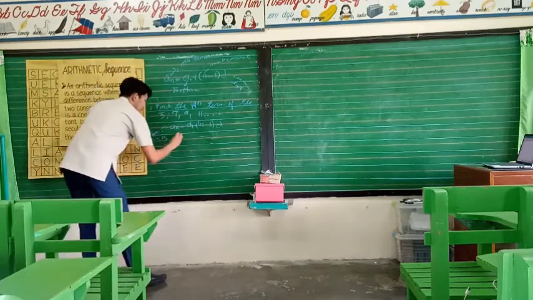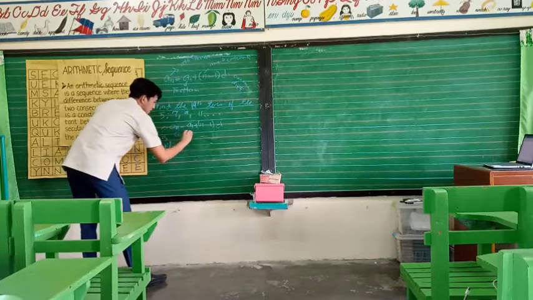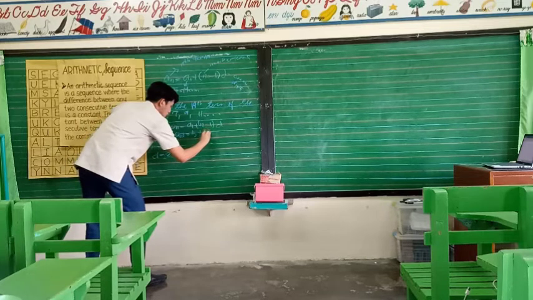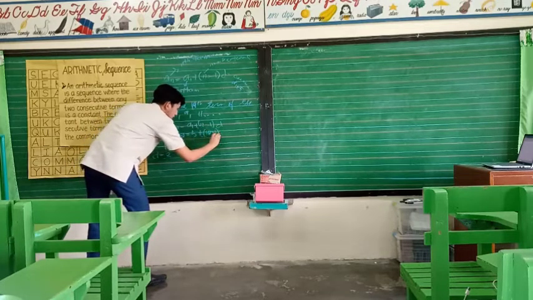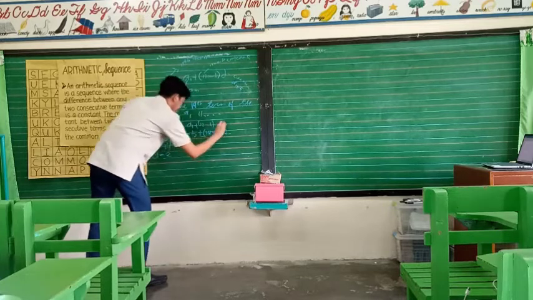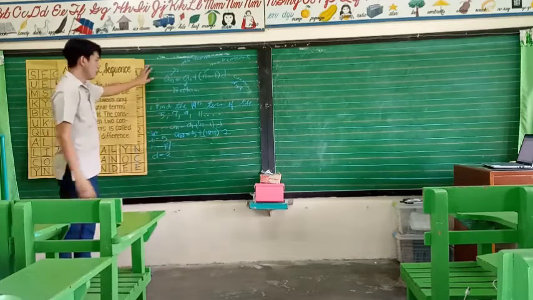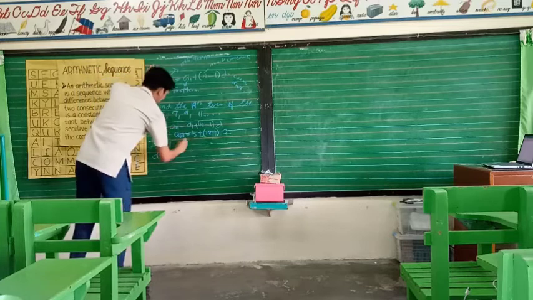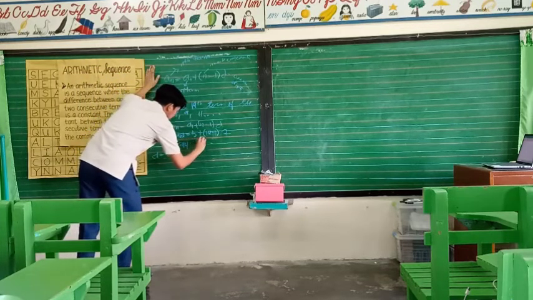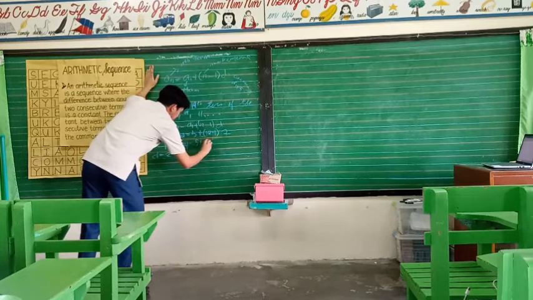So a sub 14 is equal to 5 plus 14 minus 1 times 2. So we have to solve it now. A sub 14 is equal to 5 plus 13 times 2.